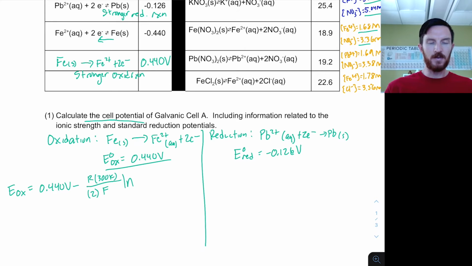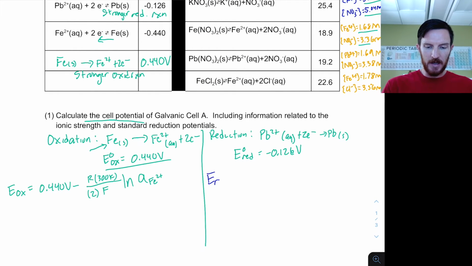Then the natural log of Q, and we look at our Q for this reaction. We notice that I have iron as a product, so that would be the activity of our iron 2 plus divided by the reactants, which in this case is a pure solid, so we could say 1, or effectively we could just say it's the activity of our iron 2 plus.